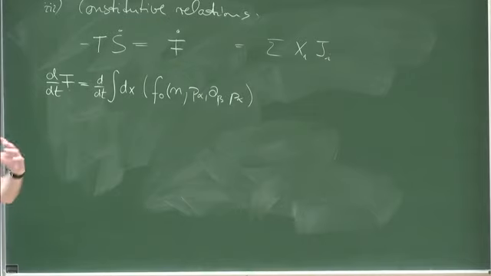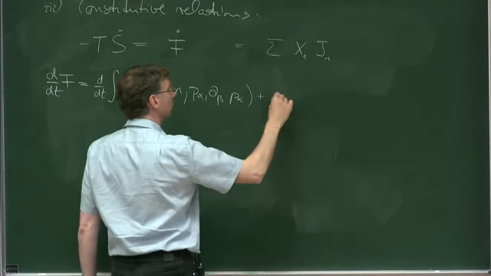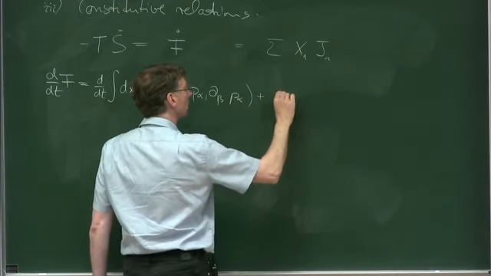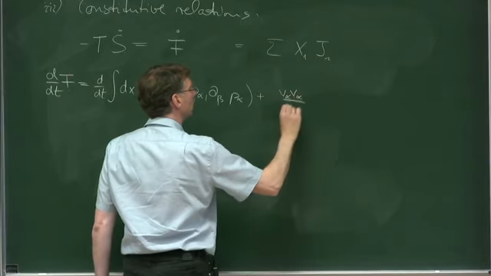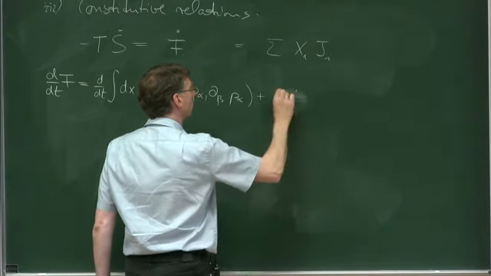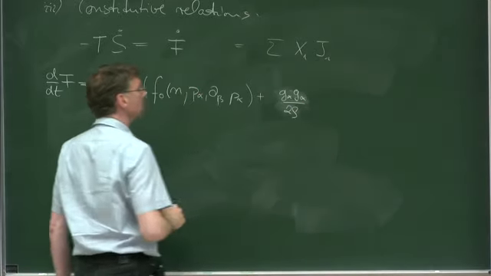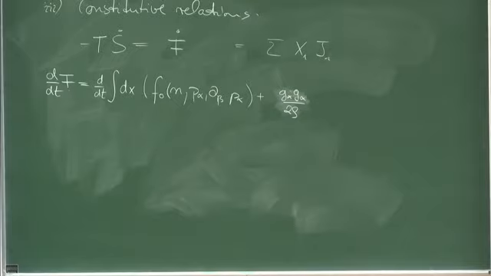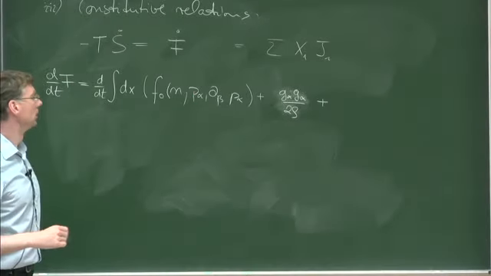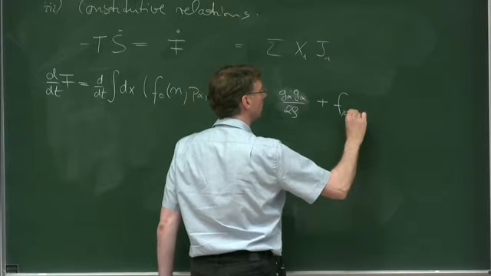But the volume elements themselves, they may be moving. So I have to also write down that they might have some kinetic energy. So let's write it in the form G alpha squared divided by 2 rho. So this would be the kinetic energy part. And then comes a part which I call, let's say, F ATP.